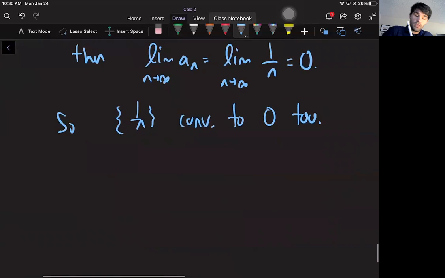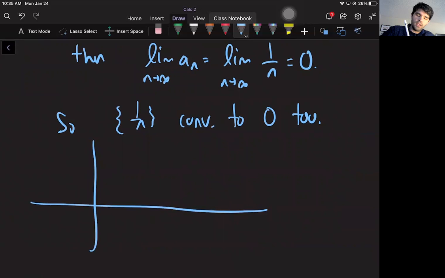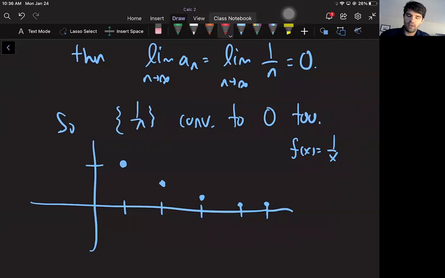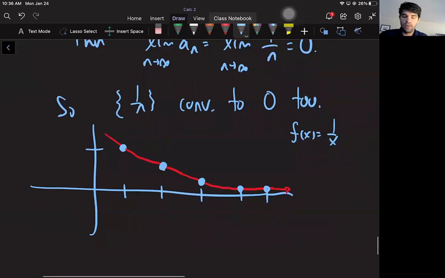So again, visually, it's a little bit easier to see. So the idea is that if you're only plugging in whole numbers to 1 over x, then you get something like this. And that limit goes to 0. And that's exactly the same thing as 1 over n. So in Calc 1, you learned that this red line goes to 0. And in Calc 2, you learned that these dots go to 0. That's the idea.